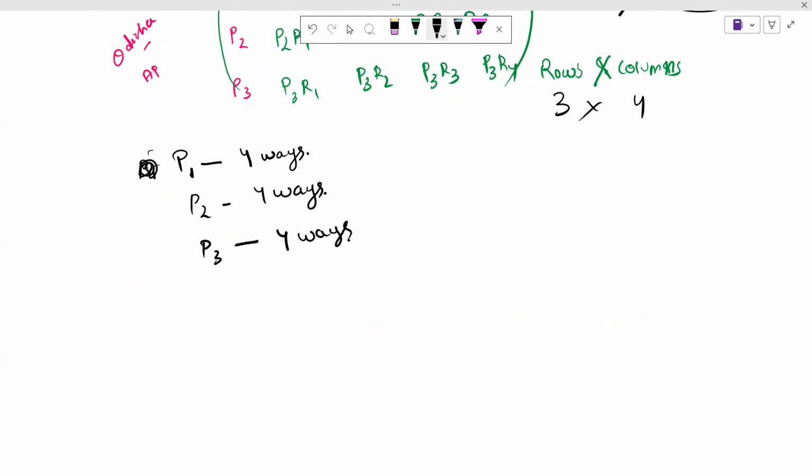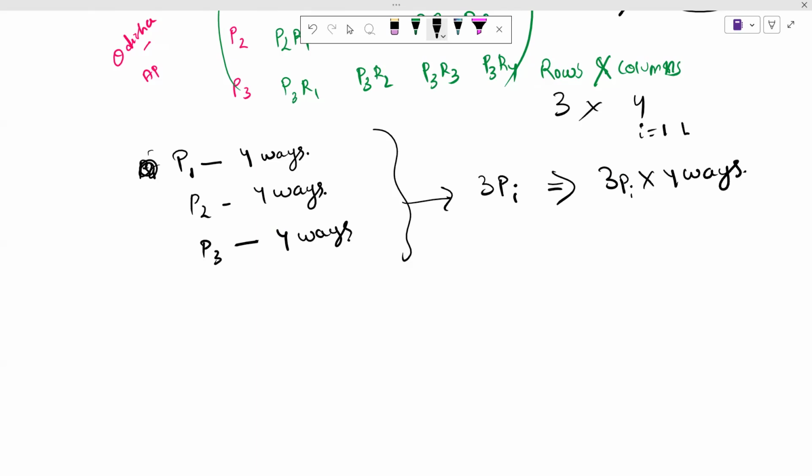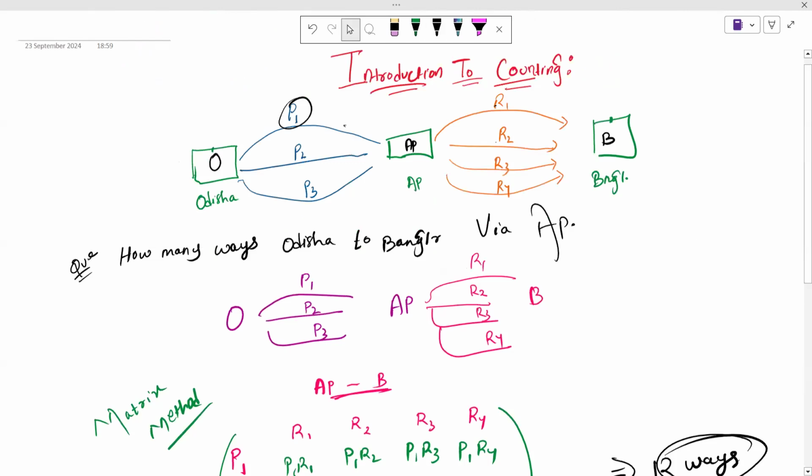How many P's are there? A total of 3 P's. So 3 multiplied by 4 ways gives 12 ways. This is the answer, and these are the methods to solve this.